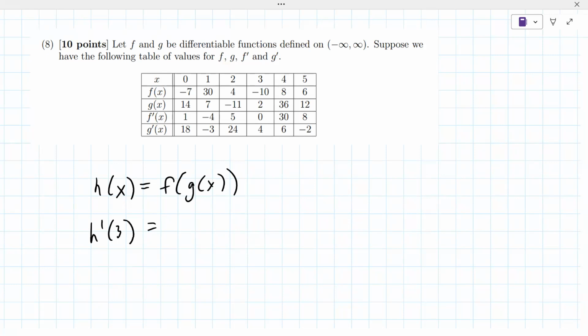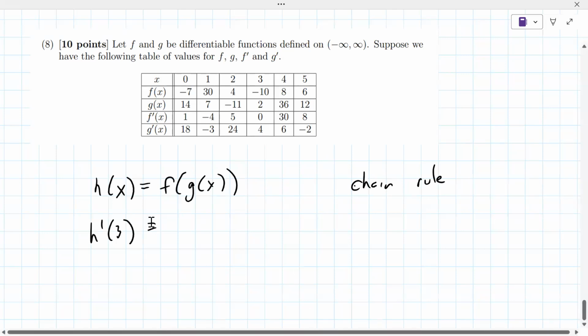So how do I split that up? This is chain rule. So to find the inside and the outside. g prime of x, right? This is a pure chain rule.